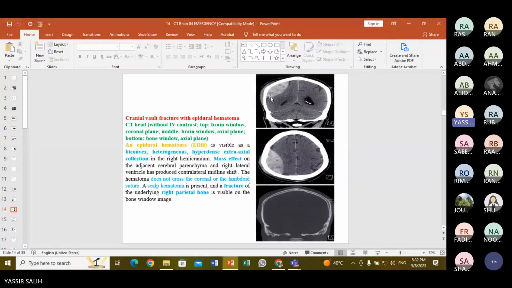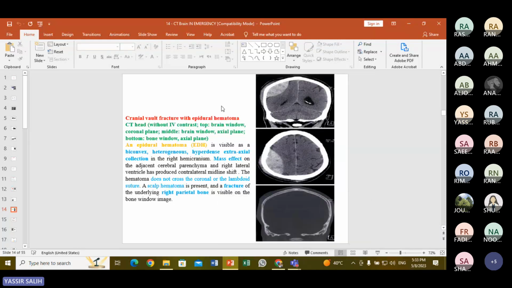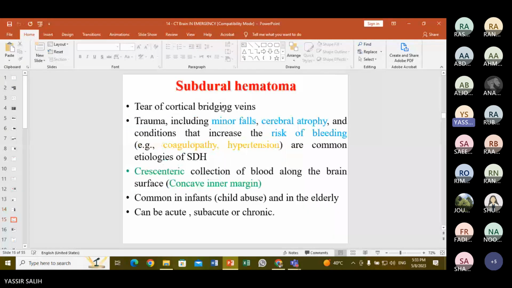So it is biconvex or lenticular in shape, hyperdense, and cannot cross the suture, because the suture is adherent to the skull, so it cannot pass through this line. So we have finished epidural hematoma or extradural hematoma.